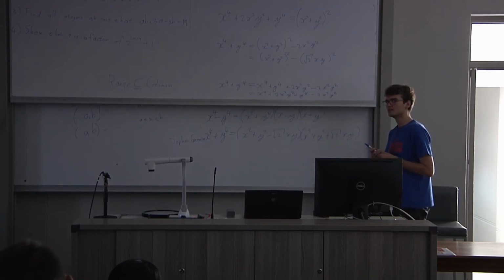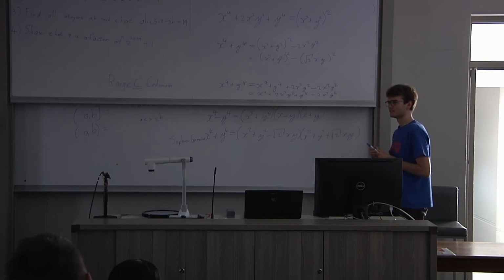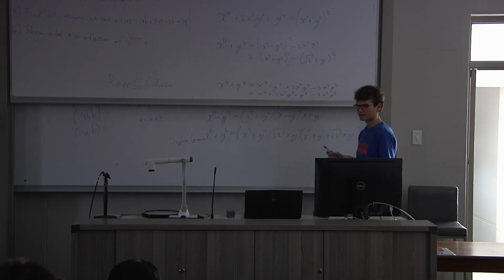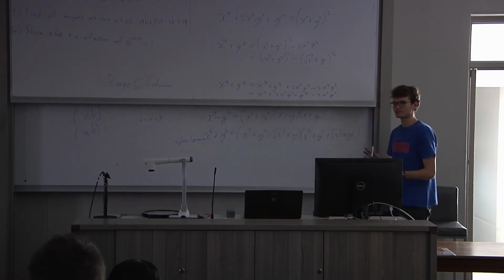Yep. Just a side question. Aren't you supposed to make it more simple and less advanced? What do you mean? Like, what's wrong with just x to the 4 and y to the 4? So this comes up sometimes, particularly in number theory, I think more than algebra. But if you have it as a product of two things, then you can see what its factors are.